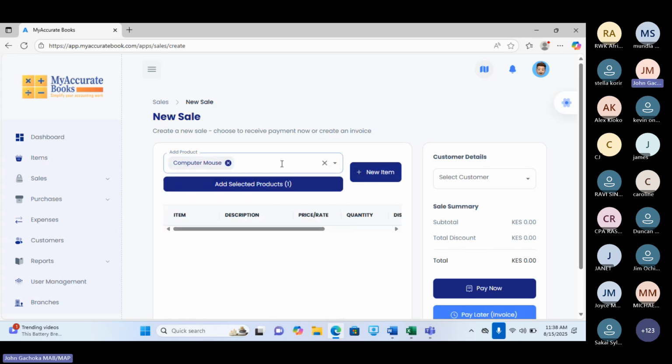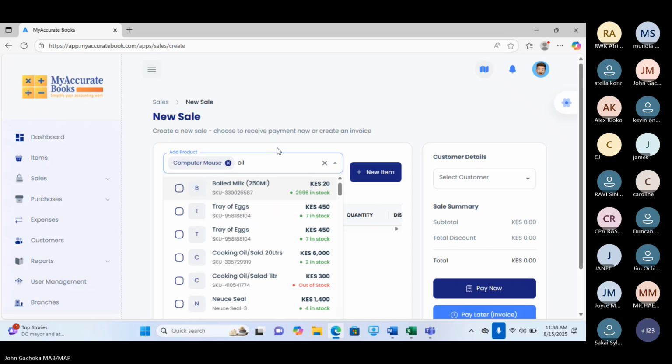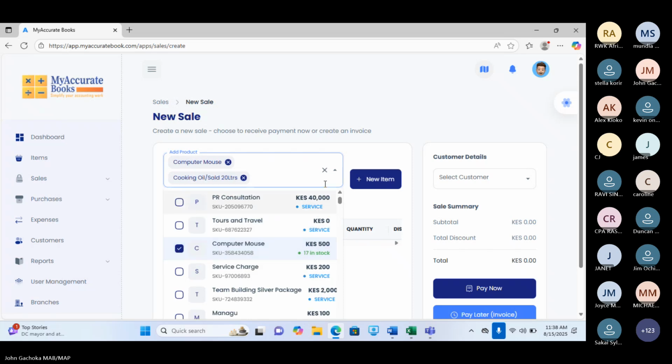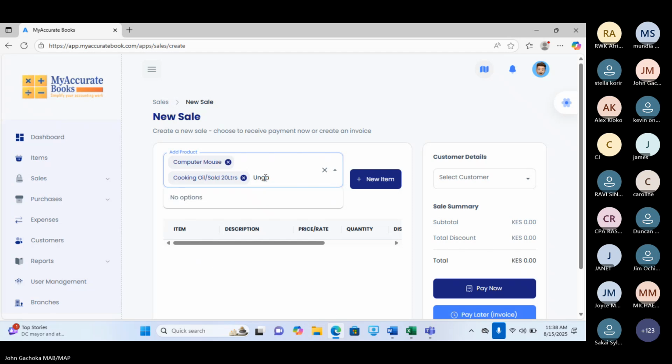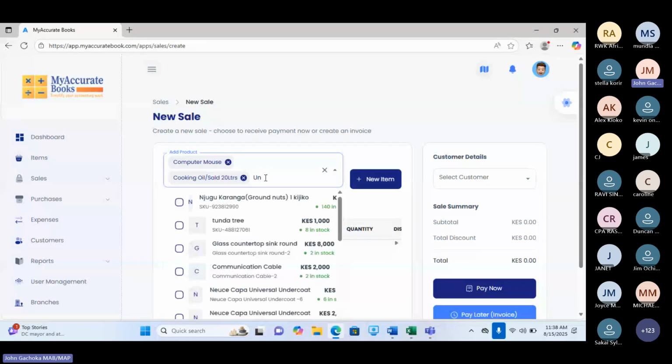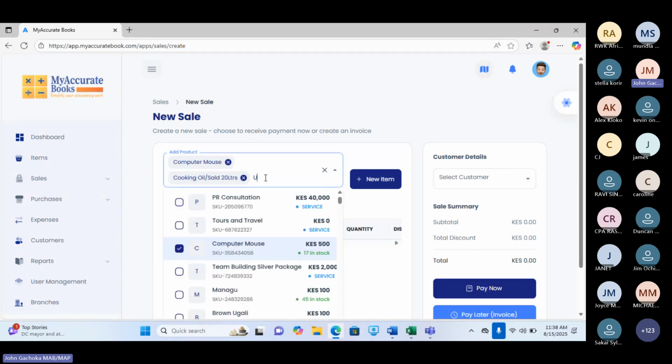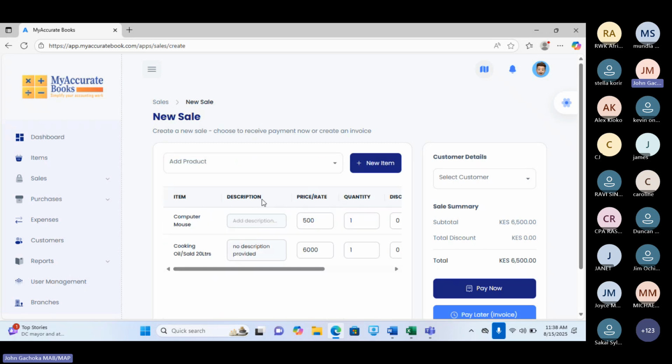Now we are also buying cooking oil. Also buying Unga. Or we maintain the two products. Now it seems like Unga is not updated in my items. And we say select the two.